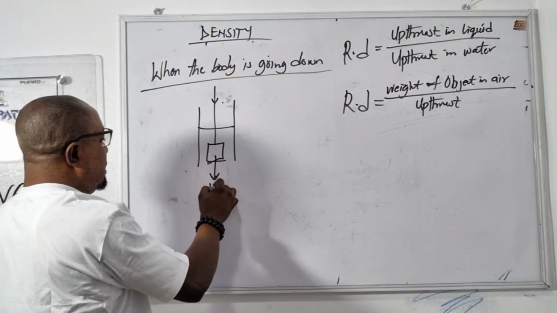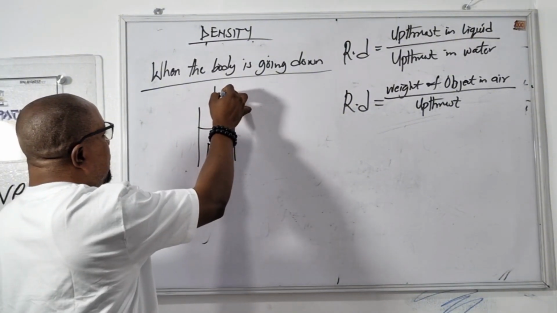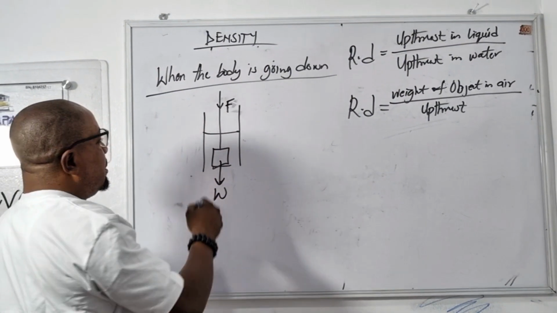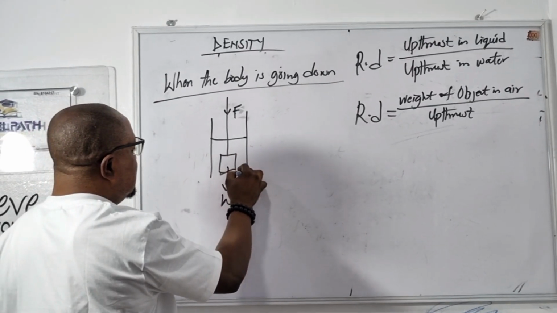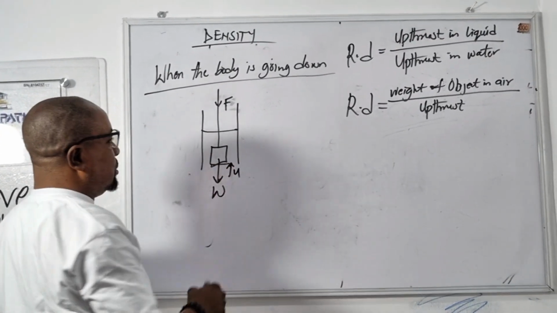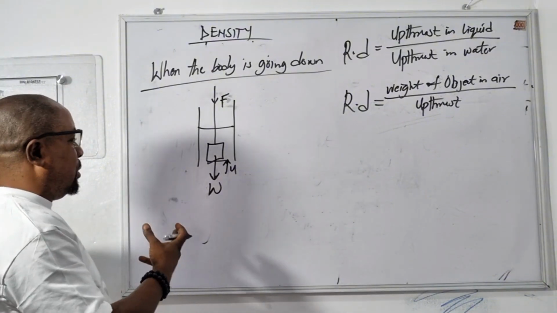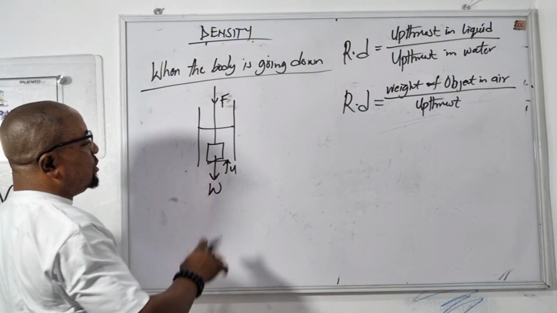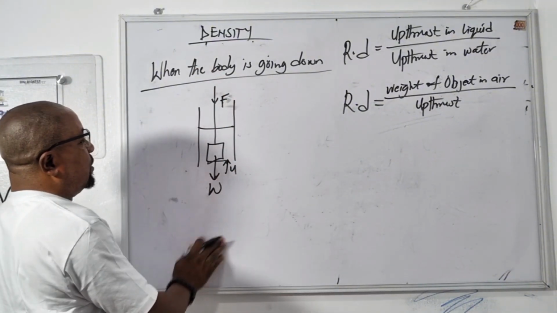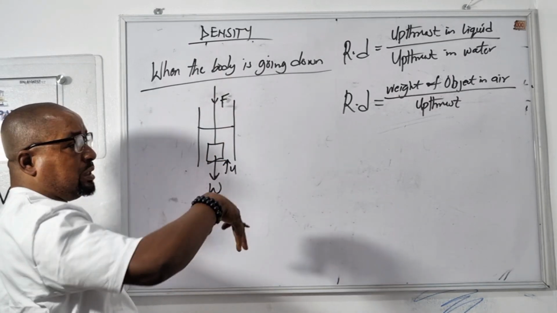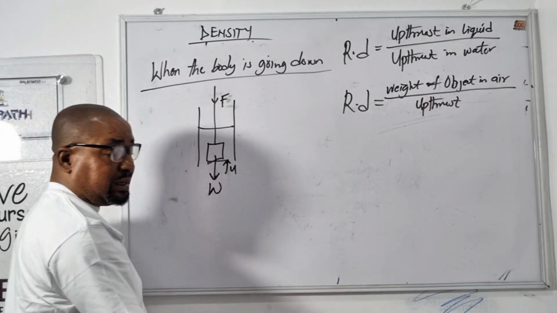Now this is what we call the weight of this body. This is the force that will be pushing it down. Now, upthrust will act on it in an upward direction. If we look at our equilibrium, we're going to say upward force is equal to downward forces. My force is throwing it down. I'm pushing the container down.